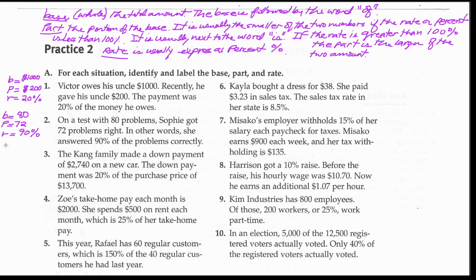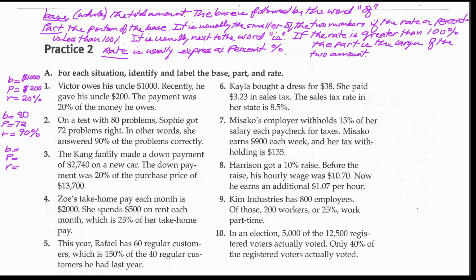Number 3, the base, the part, and the rate. Now, the Kang family made a down payment of $2,740 on a new car. The down payment was 20% of the purchase price of $13,700. Now, look at the percent again. That's less than 100%.